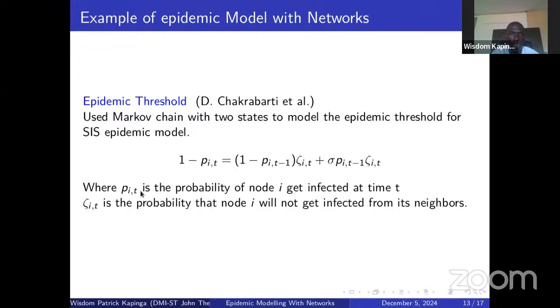So PIT is the probability that node I gets infected at time t. So we're looking at the probability that, for the individual I in a particular block, that individual will get infected. And this term is the probability that node I will not get infected from its neighbors.